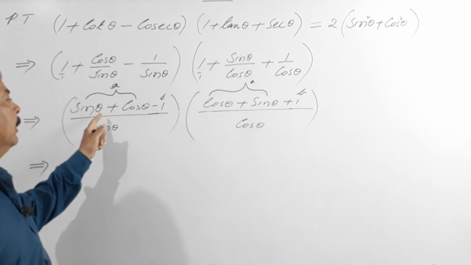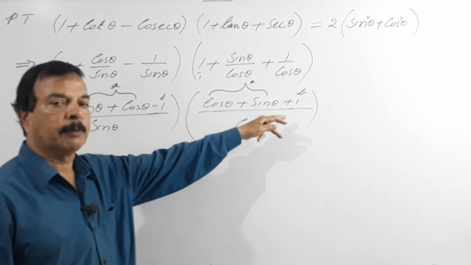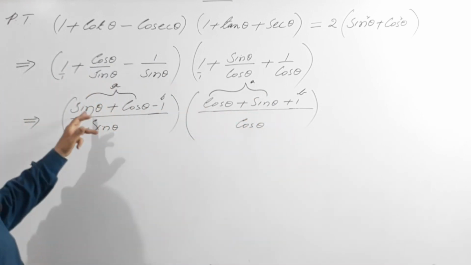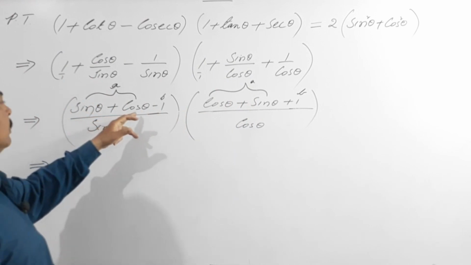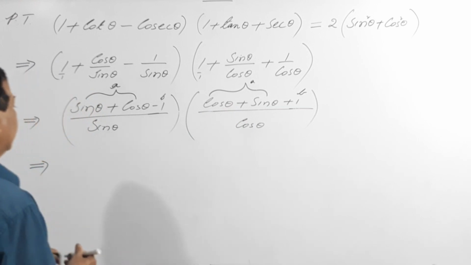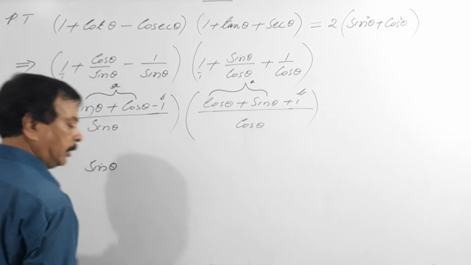So this will be A plus B into A minus B. So I'll treat this as sin theta plus cos theta. Here also we have sin theta plus cos theta both. So I'll do like this. This becomes sin theta.